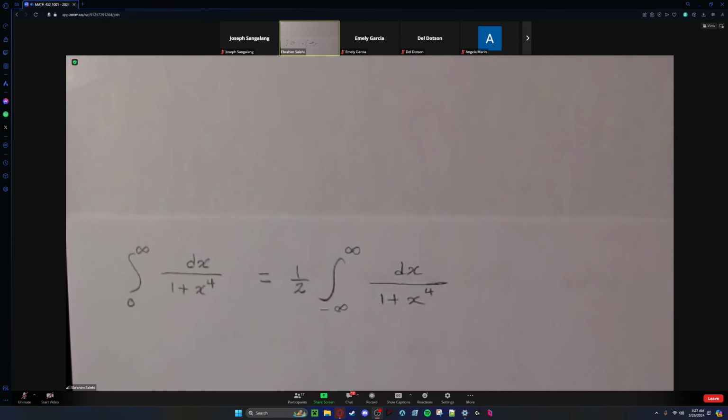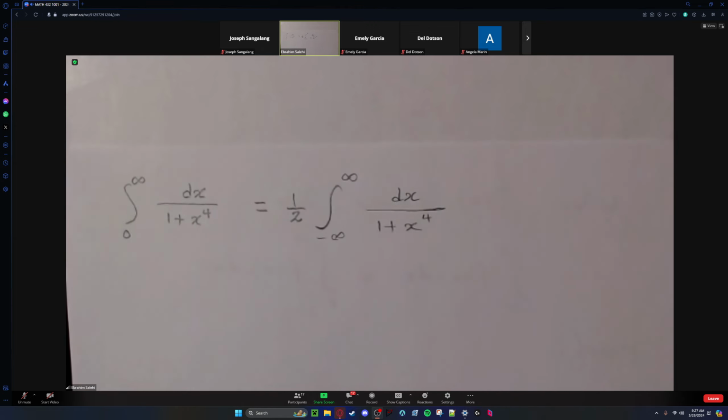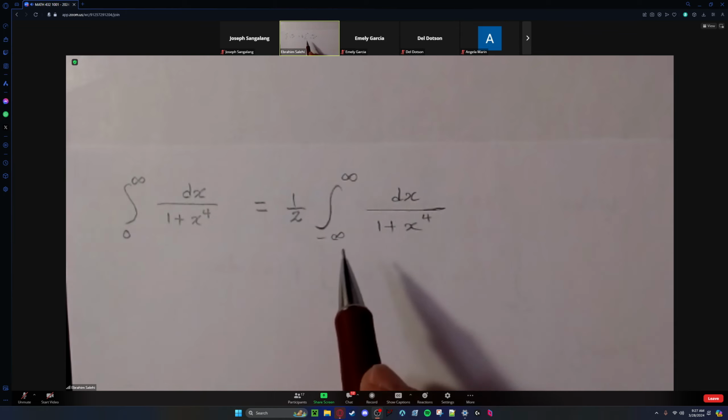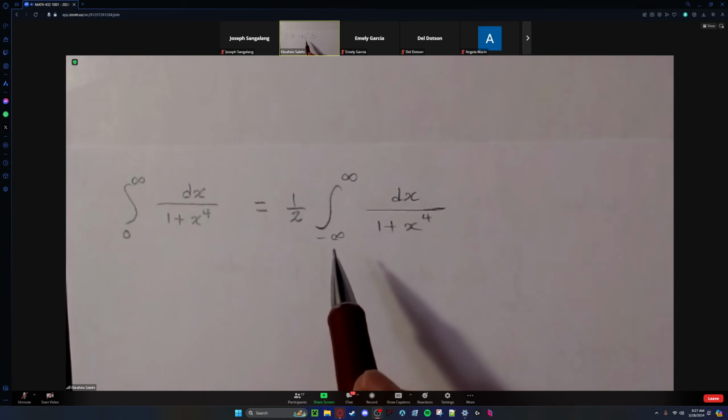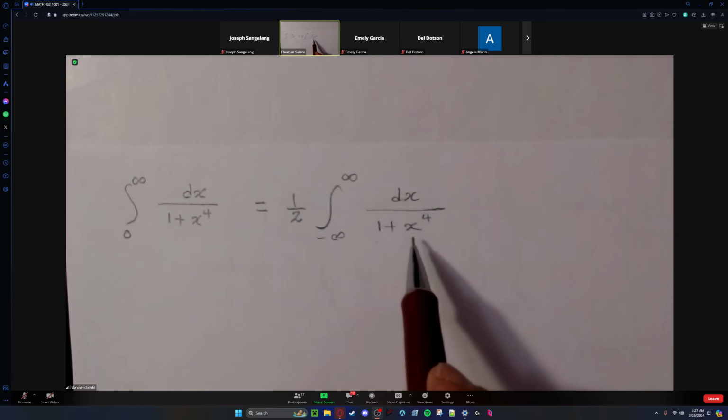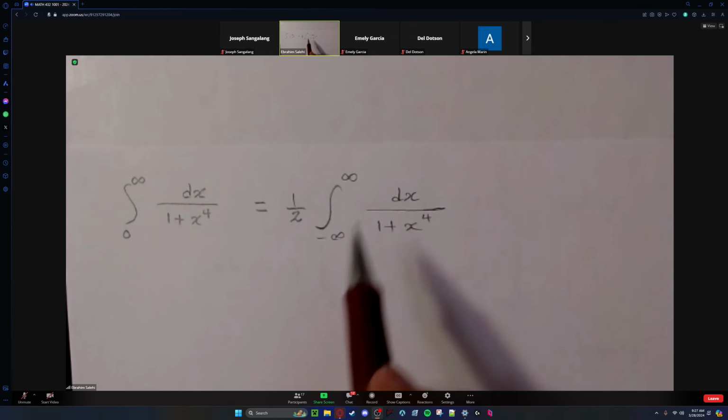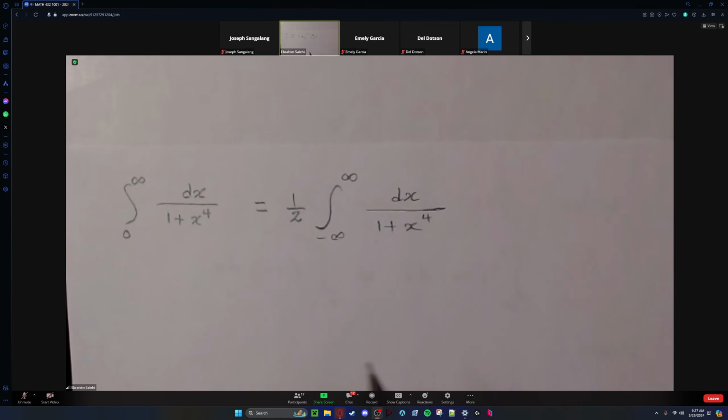Keep that in mind. Next thing I do, I will look at the function in complex, f of z, which is 1 over 1 plus z to the 4. This is a simple one I'm doing for you.